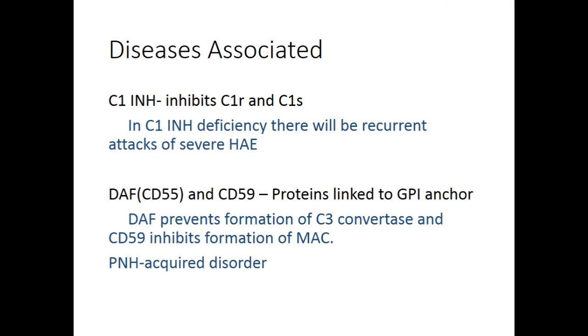That is the normal function, and the normal function of CD59 is that it inhibits the formation of the membrane attack complex. So in case of PNH, which is an acquired disorder, there is a problem with the functioning of the GPI anchor. When the GPI anchor does not anchor to the surface of RBCs, the CD55 and CD59 also cannot anchor to the surface of RBCs, and so there will be overactivity and destruction and lysis of the RBCs ultimately.